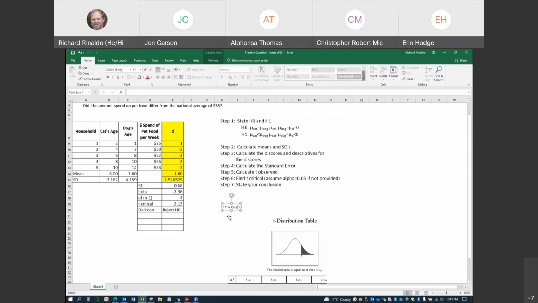The cats were younger than the dogs, M equal to 6.00, SD equal to 3.16, and the dogs, M equal to 7.6, SD equal to 4.16, t with 4 degrees of freedom equal to negative 2.36, p less than 0.05. There's my conclusion.